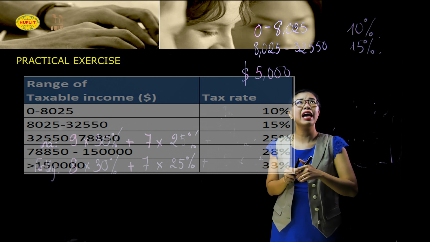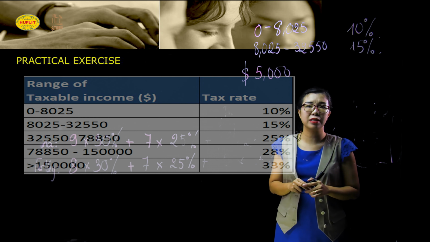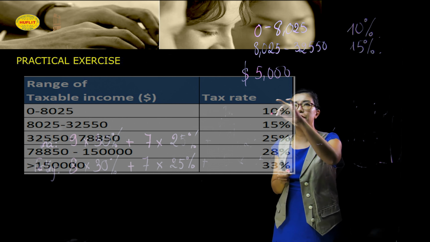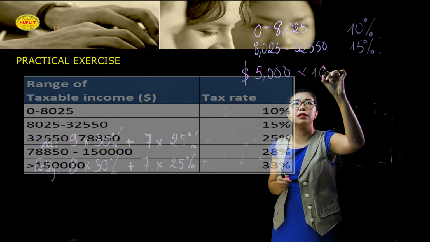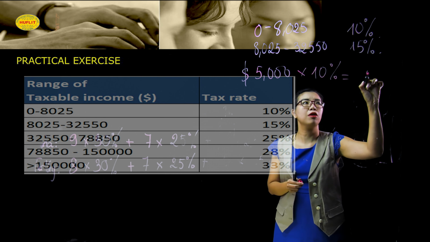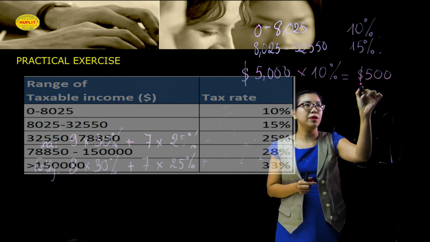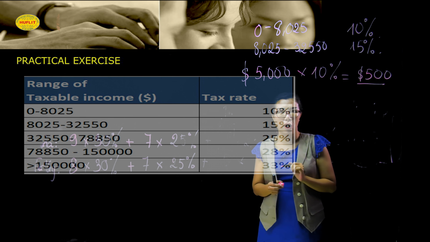If you check the first bracket, the tax rate is just 10%. So I take the 5,000 times 10%, so it's going to be $500.